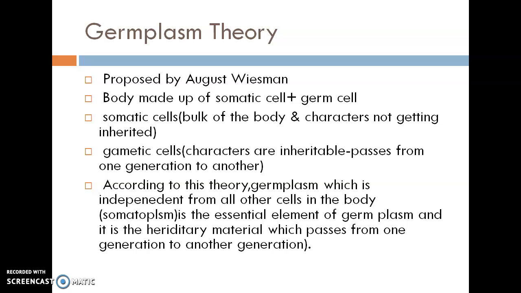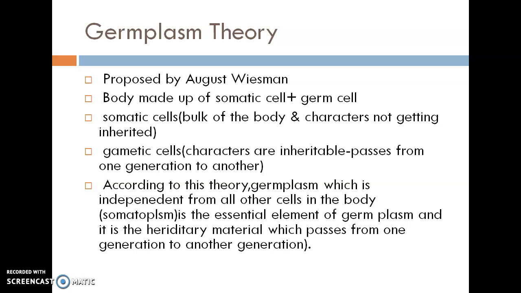Then the other cells are called gametic cells. You know that gametic cells are actually the germ cells, either sperms or egg. Here the characters are inheritable, in which these characters will be passed from one generation to another generation. So according to this theory, the germplasm is independent from all other cells in the body, that is the somatoplasm, and it is the essential element and the hereditary material which passes from one generation to another.